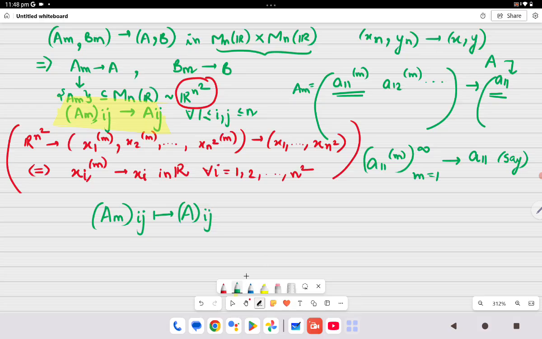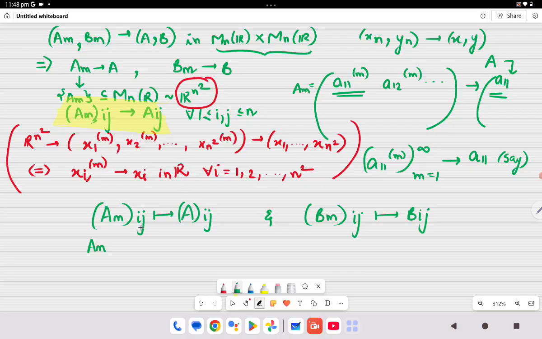Okay, so all right, इस वजह से and similarly we will get, क्योंकि BM सीक्वेंस B पे कन्वर्ज कर रही थी, तो BMij कोऑर्डिनेट सीक्वेंस must be convergent to Bij. So from that, मुझे यहाँ पे बेसिकली क्या प्रूव करना है कि जो AM प्लस BM सीक्वेंस है वो A प्लस B पे कन्वर्जेंट होनी चाहिए, राइट?